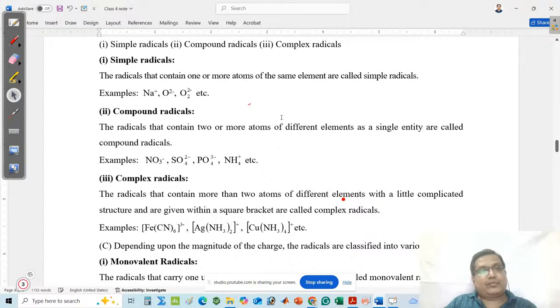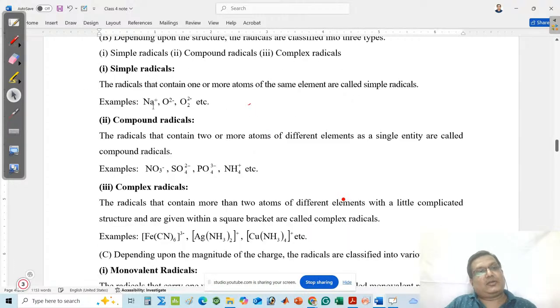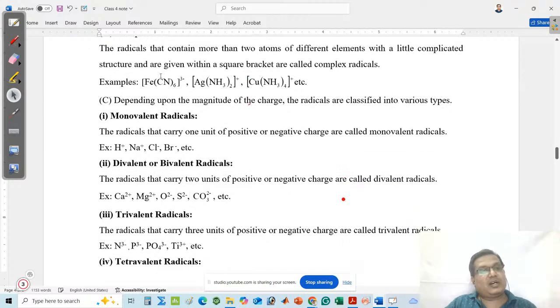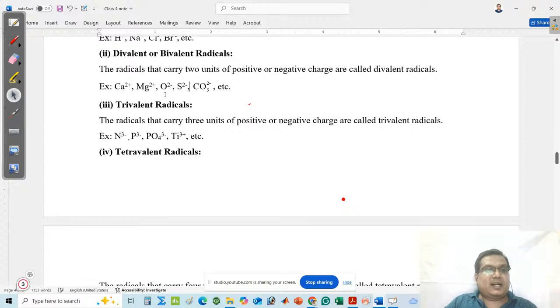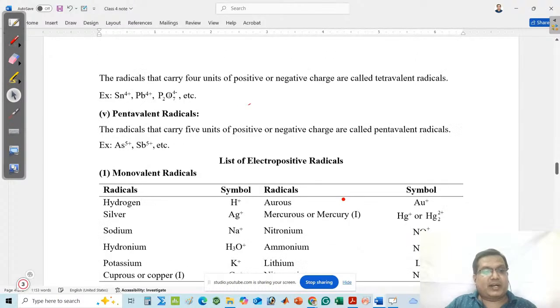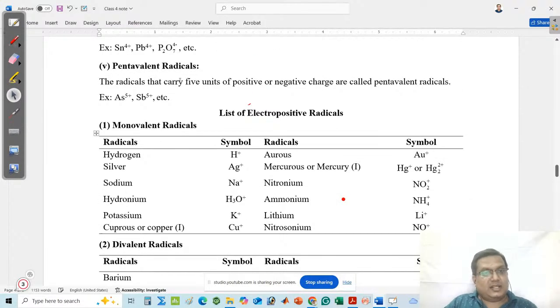Next, the second classification, depending upon the structure of the radical: simple radical, compound radical, complex radical. Next, the third classification, depending upon the magnitude of the charge: monovalent, divalent, trivalent, tetravalent, pentavalent. Yeah, this is all about the classification of the radicals.